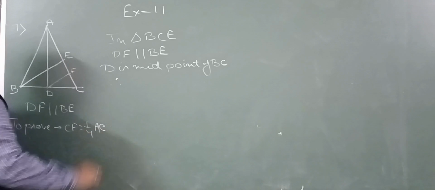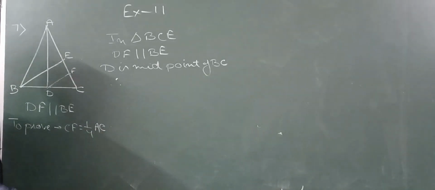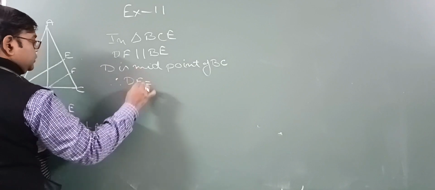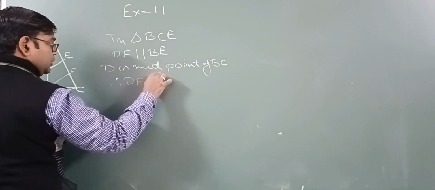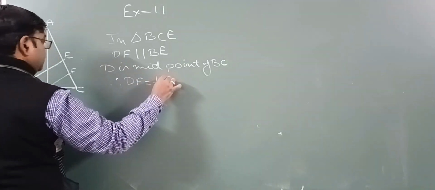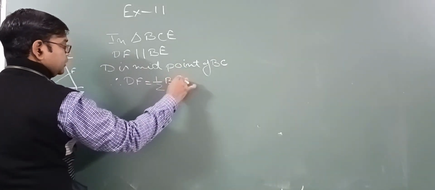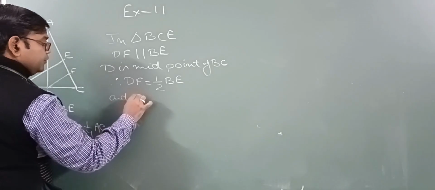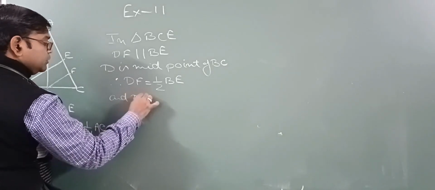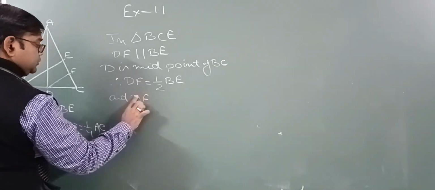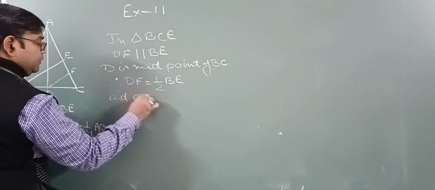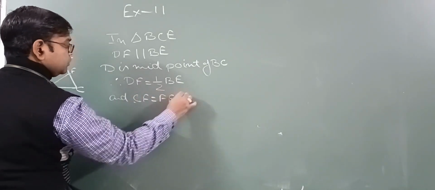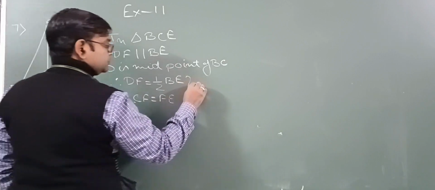Therefore, from midpoint theorem we can say that DF equals half of BE, and CF equals FE, from midpoint theorem.